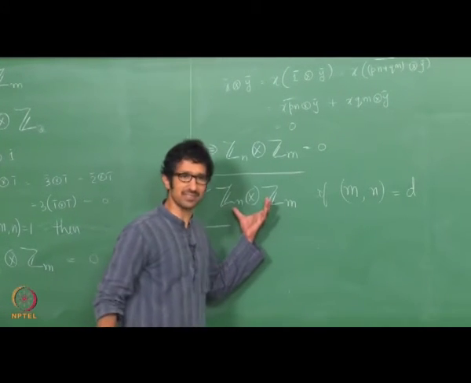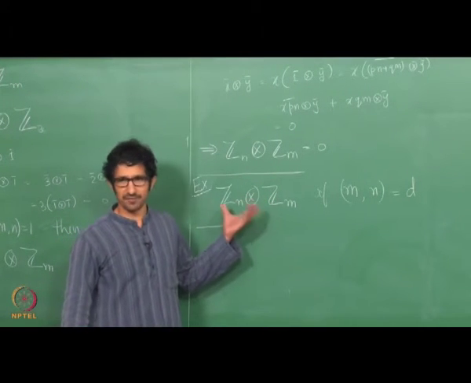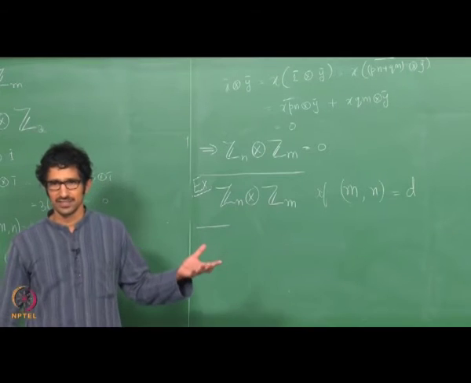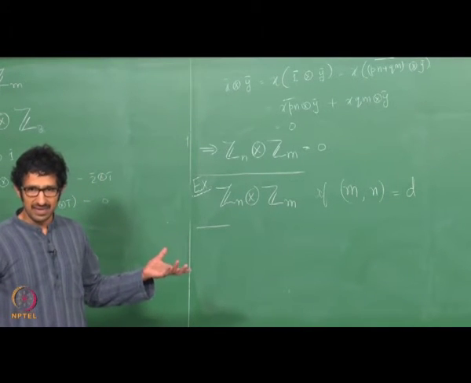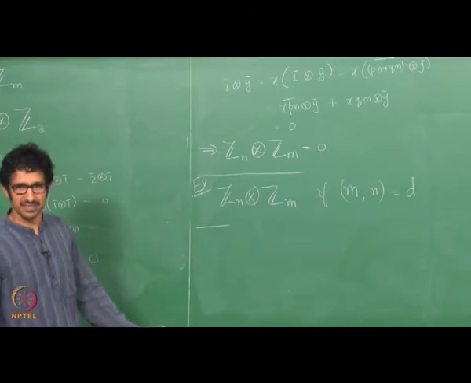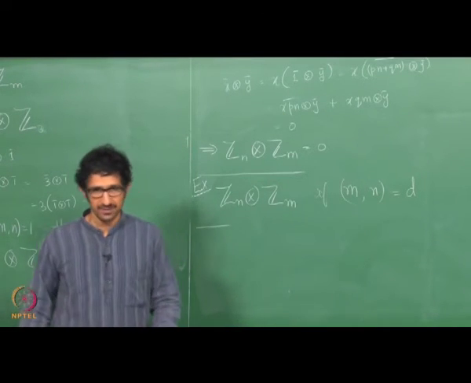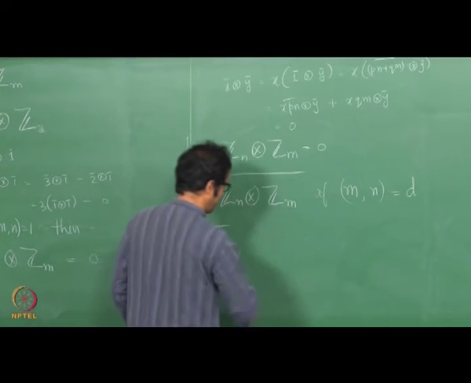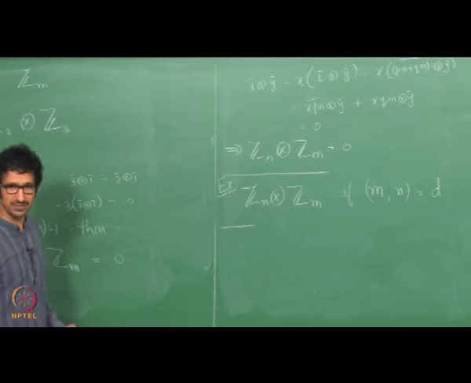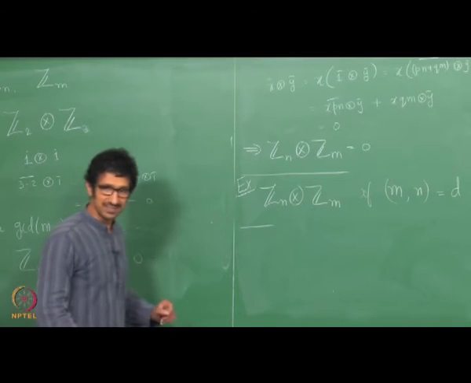See, this is again a Z module. This is a finitely generated Z module, right? So it has to be something that you can easily express. So think about it. What should this be? We will come back to that later.